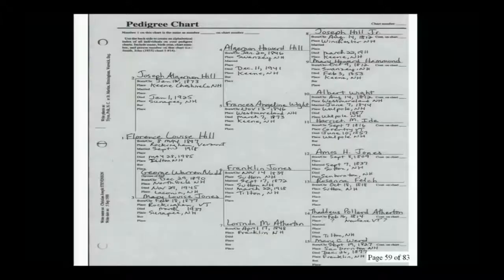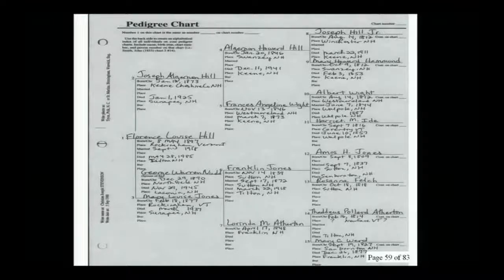Slide 59 shows you that this is my father's mother, Florence Louise Hill, and my brick wall on this side, again, bottom right-hand corner. What is it about the bottom right-hand corner on my genealogy chart? Thaddeus Pollard Atherton.